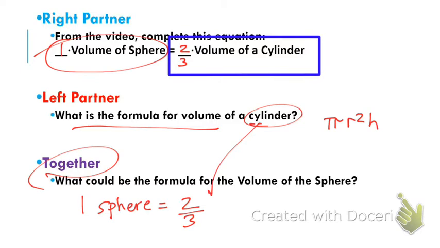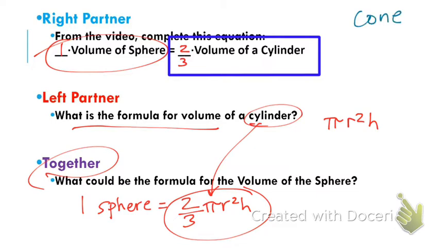And we know what the formula for the cylinder is, because we've done it with the last two lessons, right? So that's it. The volume of a sphere, all you gotta do is you take the cylinder, multiply it by 2/3. Okay, super easy. Now, side note, recall when we did the volume of a cone, right?